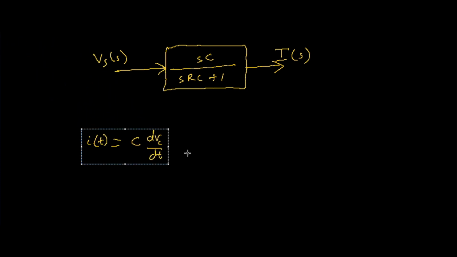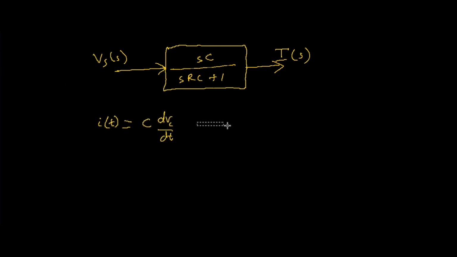The Laplace transform becomes I of S is equal to SC VC of S. This is assuming zero initial conditions. If we assume zero initial conditions, we can leave out the initial conditions. So I of S is simply equal to this.